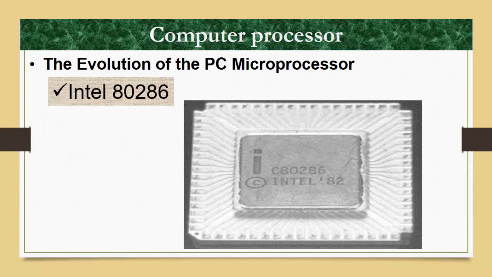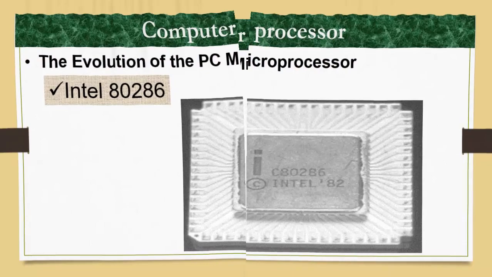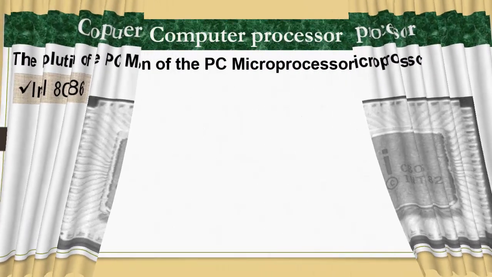Its data bus was also backward compatible with the 8086's original 16 bits. Later 286 versions had clock speeds of 10 megahertz and 12 megahertz. Okay, students, let's go ahead.